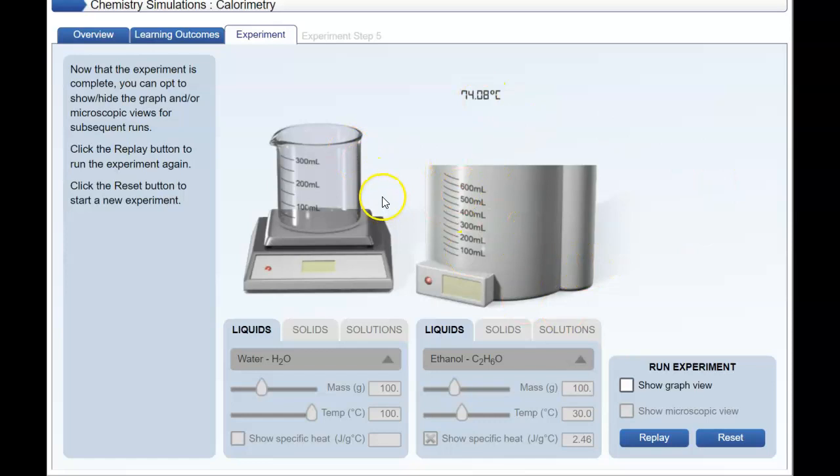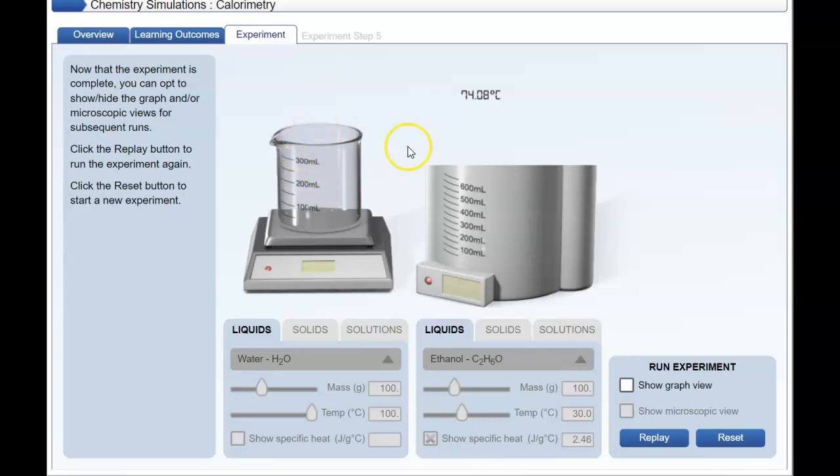So in other words, to verify the specific heat of water, we equate Q of water to Q of ethanol, because since they reach the same temperature, their energy must be conserved. So we equate again your Q of water, or energy of water, with the energy of the ethanol. And we already know before that Q is equal to mc change in T.